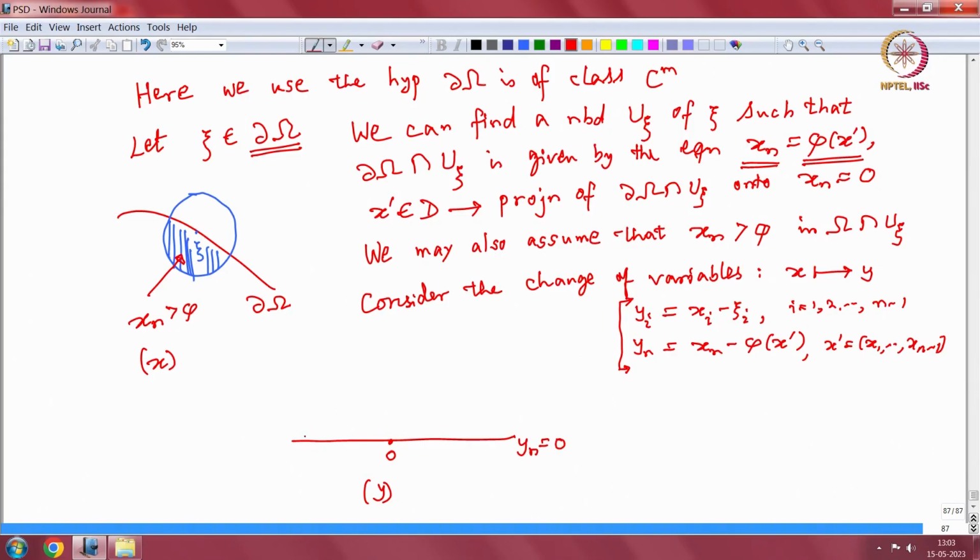Let me just write that it comes here. Okay. So by choosing a smaller radius if needed, we can assume that there is a cube here.